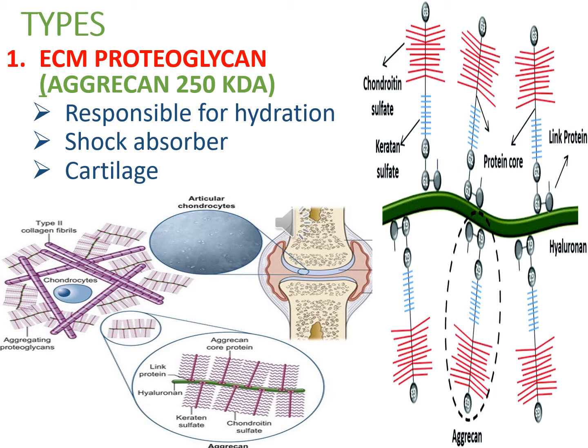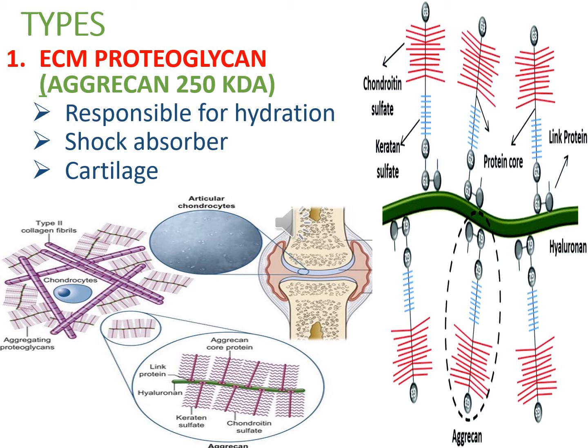Aggrecan is bound via link protein to a polymer of hyaluronic acid. In cartilage, aggrecan hyaluronan complexes fill the space between collagen fibers and the chondrocyte, and this helps in the physical properties of the cartilage tissue. The functions of the proteoglycan aggrecan: it is responsible for hydration, it acts as a shock absorber, and it is a major component of the cartilage.